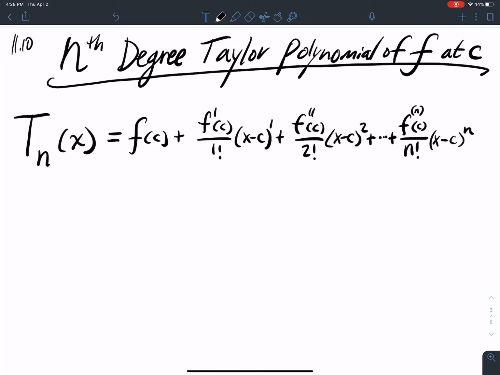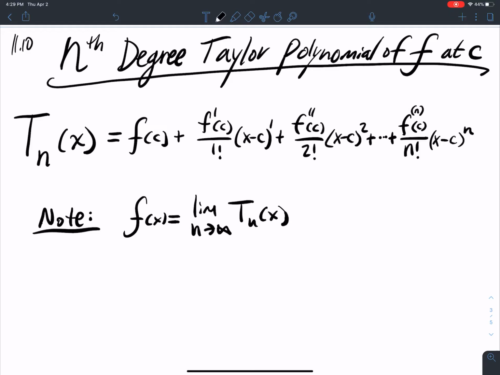Now note, f of x is equal to the limit as n goes to infinity of Tn of x. So what is this telling me?